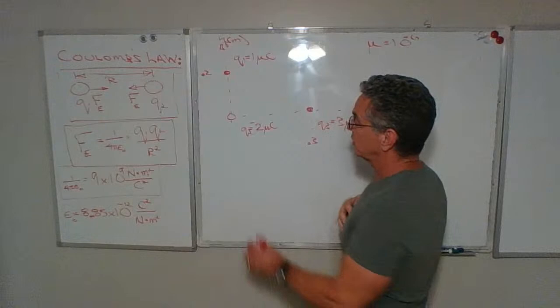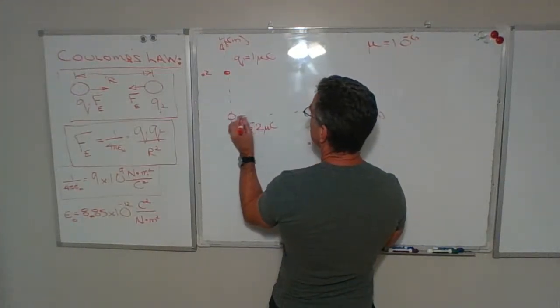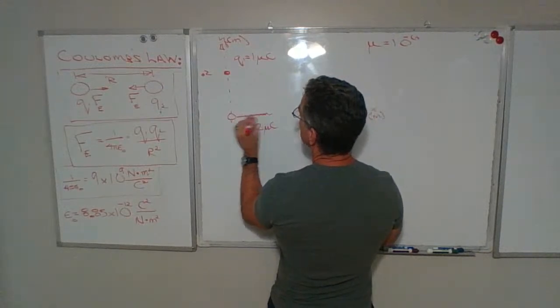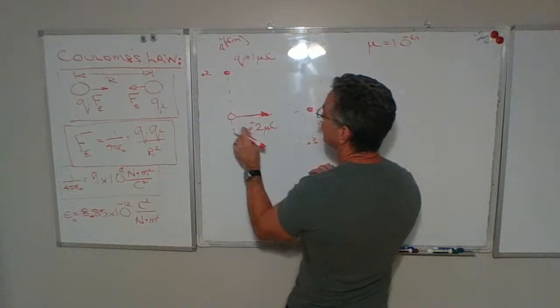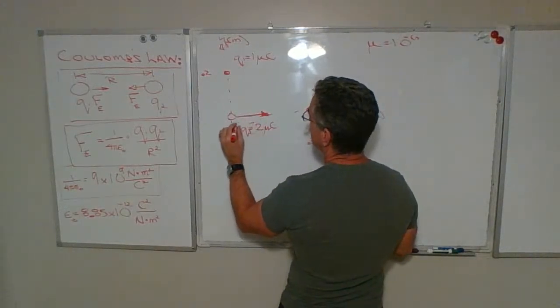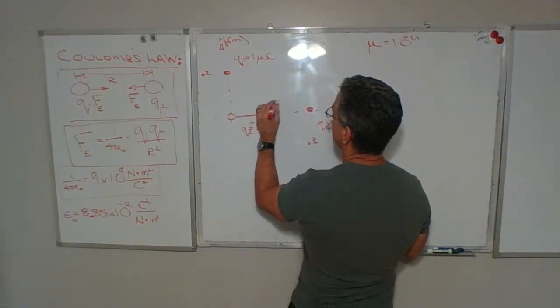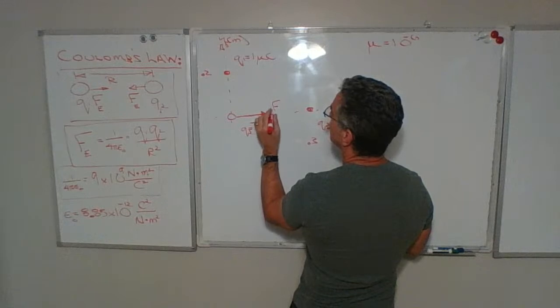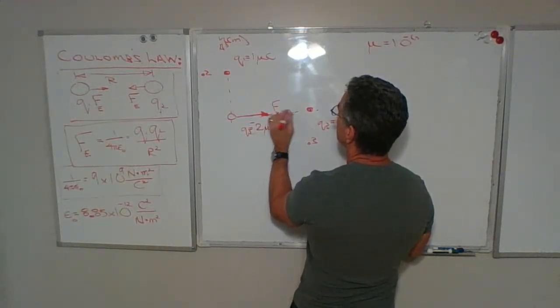So the force exerted on Q2 due to Q3 would be exerted in this direction. So I'll draw an arrow connected to Q2 pointing to the right. Okay, and this will be, let's write it over here, F of 3 acting on 2.